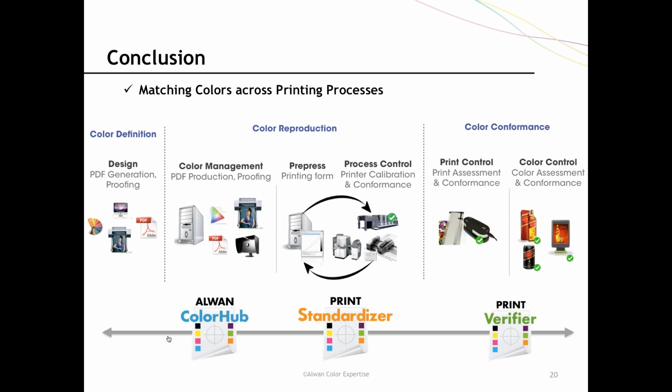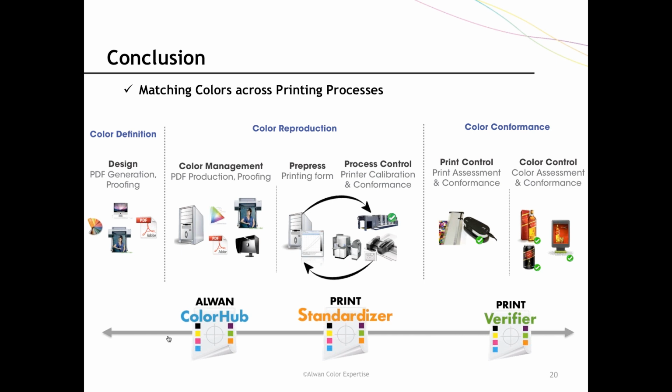reminding you that in a printing workflow, we need to make sure that the 3 steps, color definition, color reproduction, and color conformance, are done according to agreed on printing conditions, to agreed on standards between print buyer and printer. This is very important.